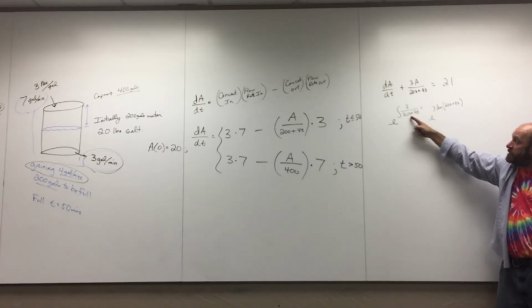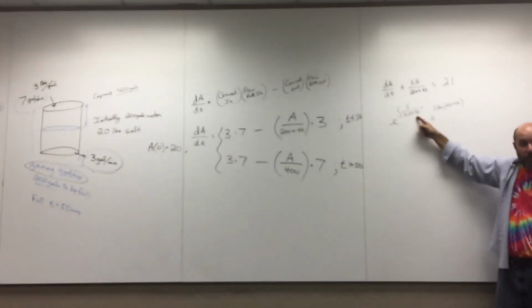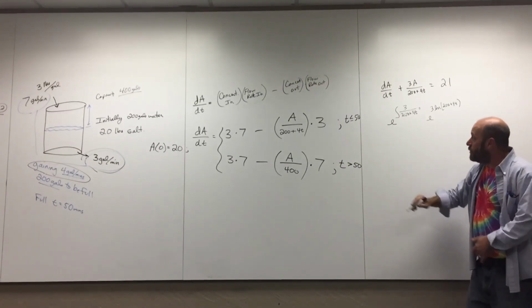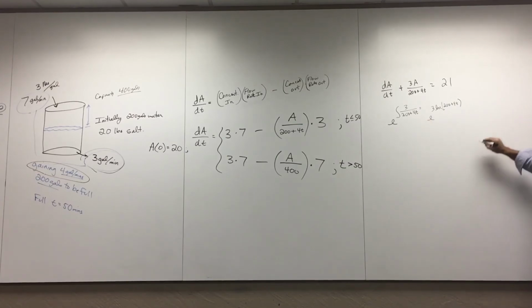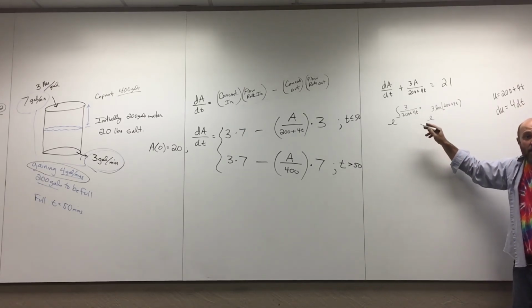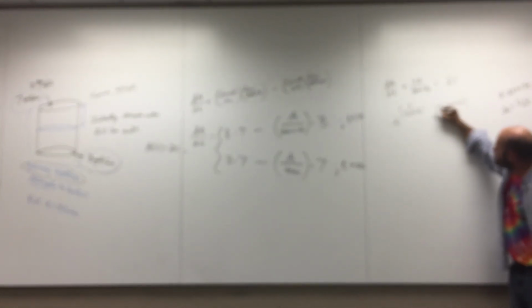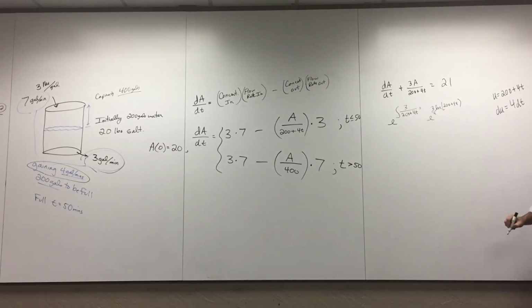Technically, for this to be an ln, you did a little u substitution on the 200 plus 4t. Then what was du? 4 dt. So the result of that is it spits out a 1/4.